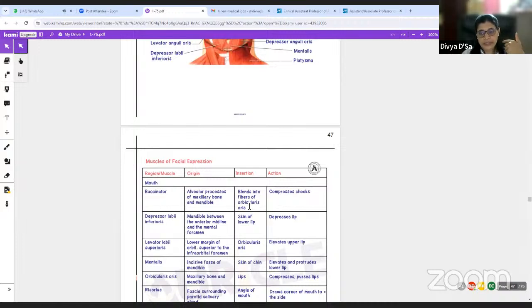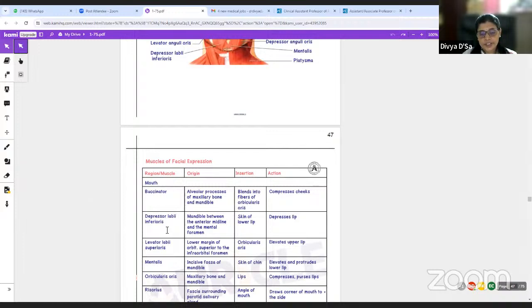The upper layer continues with the upper lip, that is orbicularis oris, and the lower fibers also continue with the lower lip. Whereas the middle fibers crisscross: the lower fibers go to the upper lip and the upper fibers go to the lower lip. When it contracts, it compresses the cheeks, and it helps in blowing. Okay, buccinator muscle.